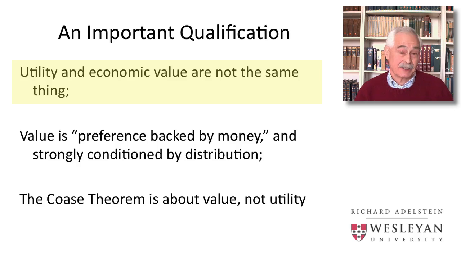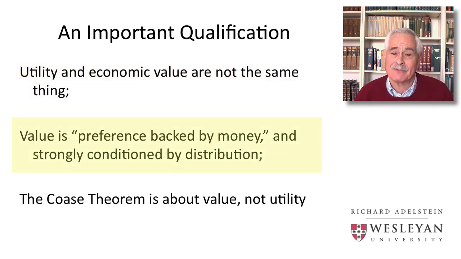Jefferson. As the qualification example suggests, Hamilton may get a lot of disutility from the testing of those sirens, but he may not be able to back up the preferences he has about siren testing with money. So what's being maximized in the Coase Theorem situation is not the sum of the utilities of Hamilton and Jefferson, but the sum of the economic value of their quivers of property rights.